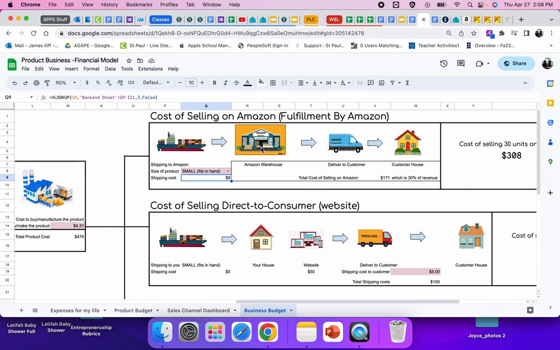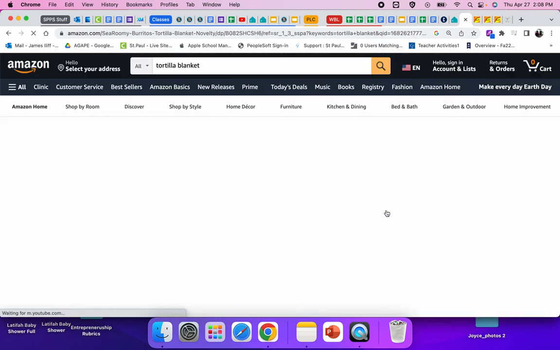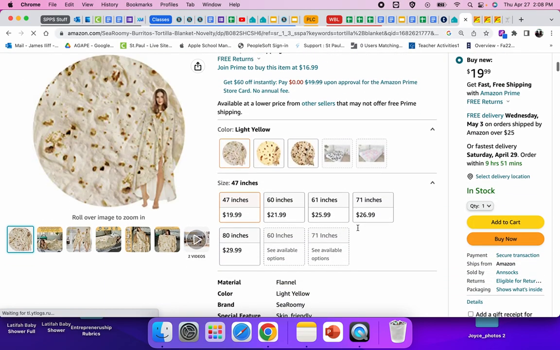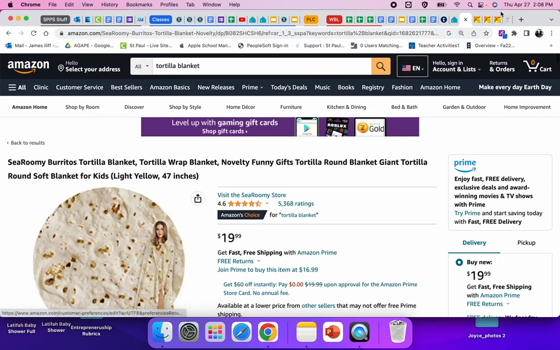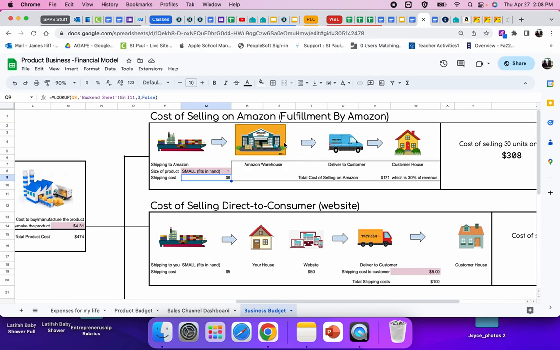Then what's interesting is every time someone puts in an order at Amazon, so let's say someone clicks on my product at $19.99 and clicks buy now, here's what happens with Amazon. Amazon grabs that product from their warehouse and delivers it to the customer's house.